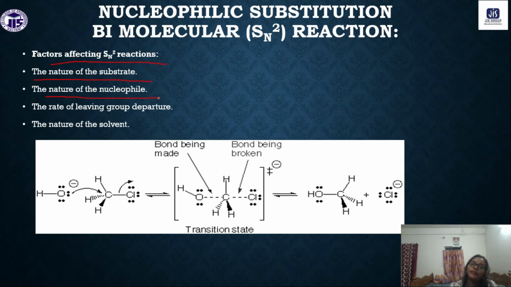The nature of the leaving group: if the leaving group has the tendency to leave very easily, it will prefer the SN2 reaction. So the rate of the SN2 reaction also depends on the nature of the leaving group.